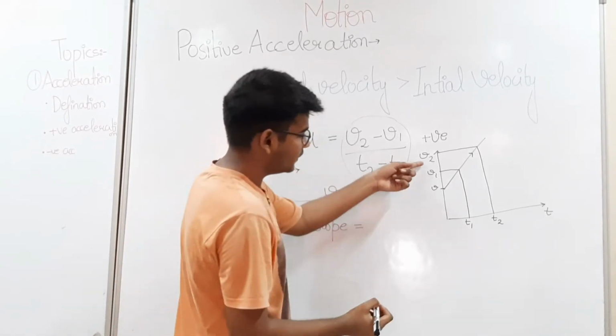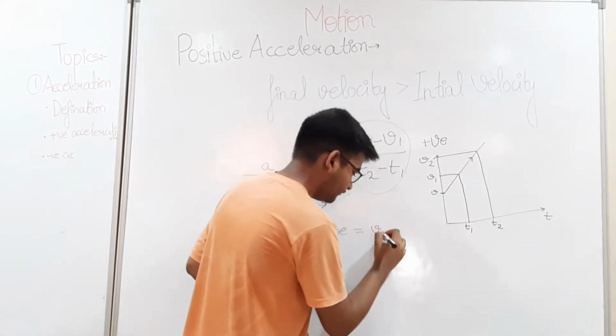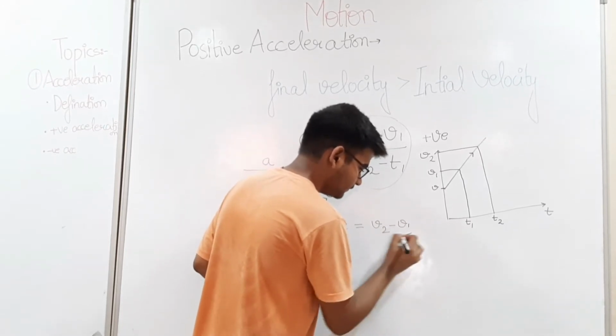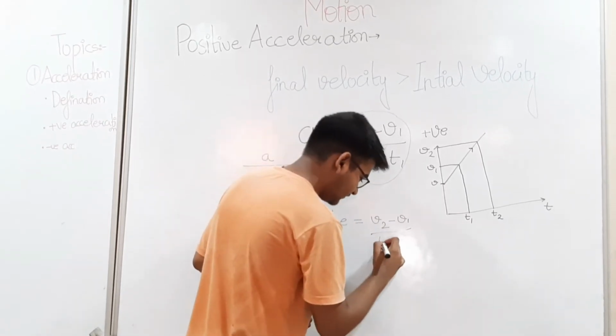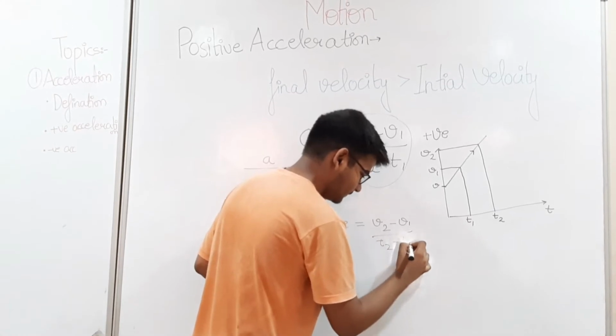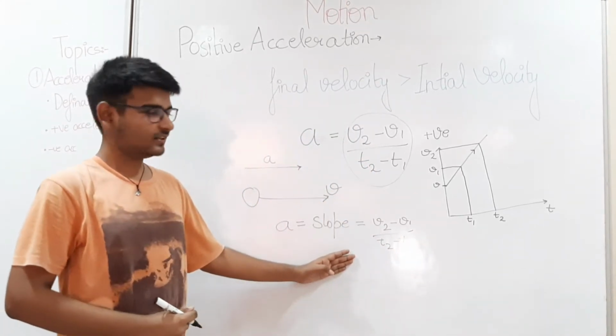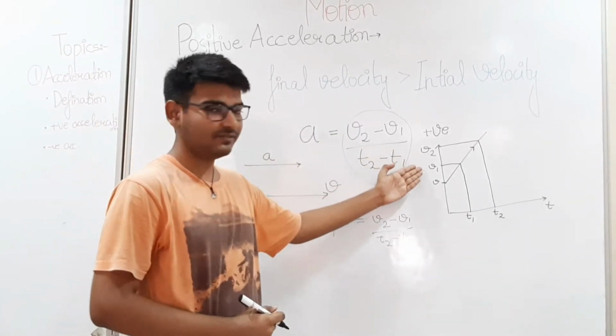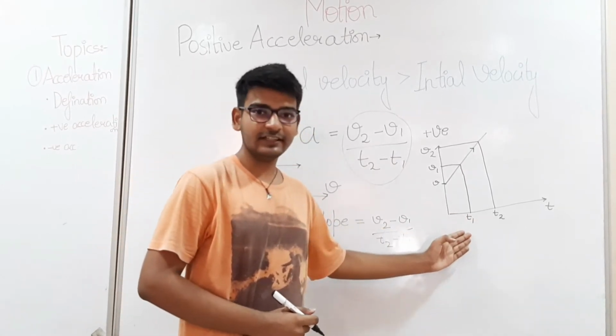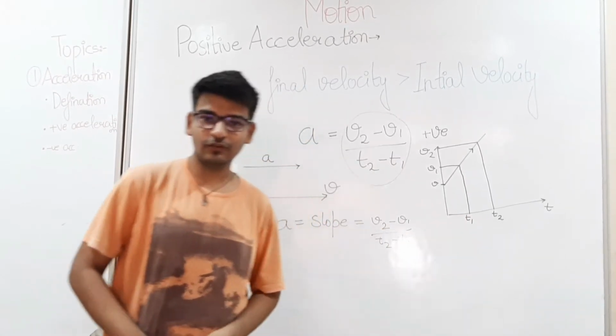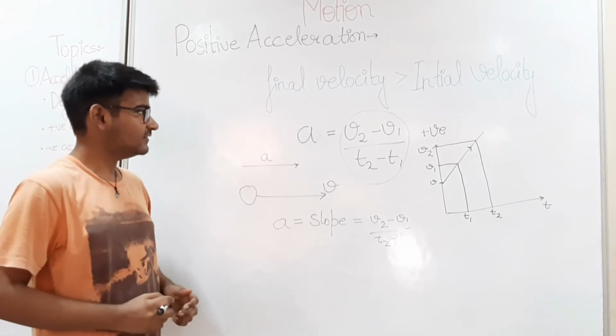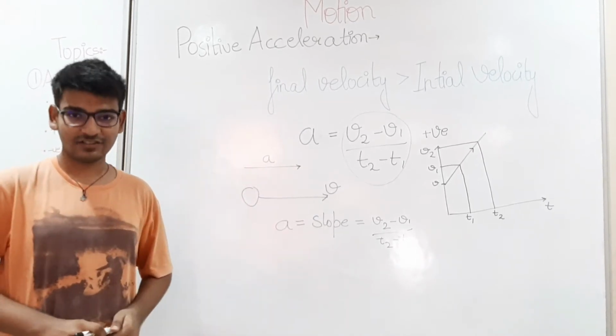That will be v2 minus v1 upon t2 minus t1. That will come out to be a positive value as v2 is greater than v1 and t2 is greater than t1. So now let us see the next case, that is negative acceleration.